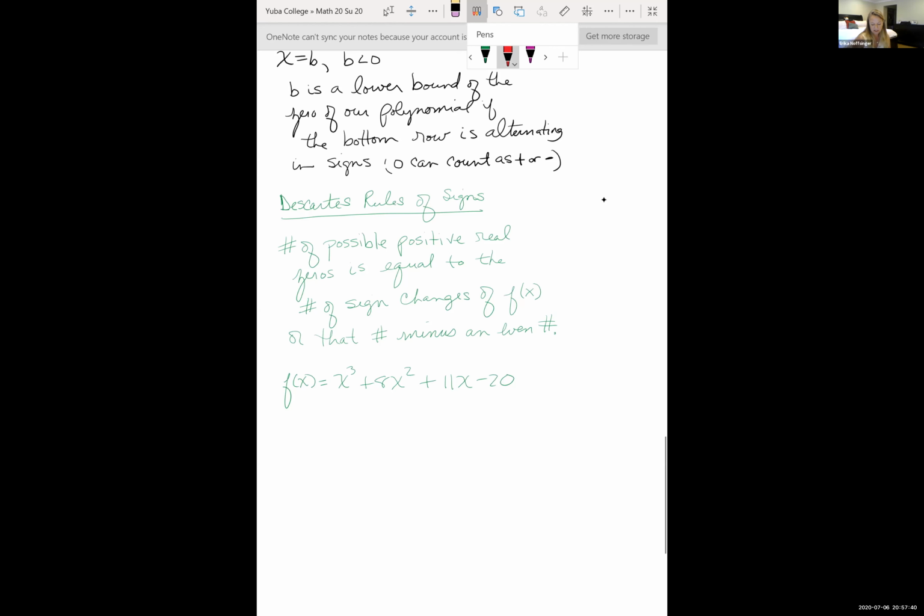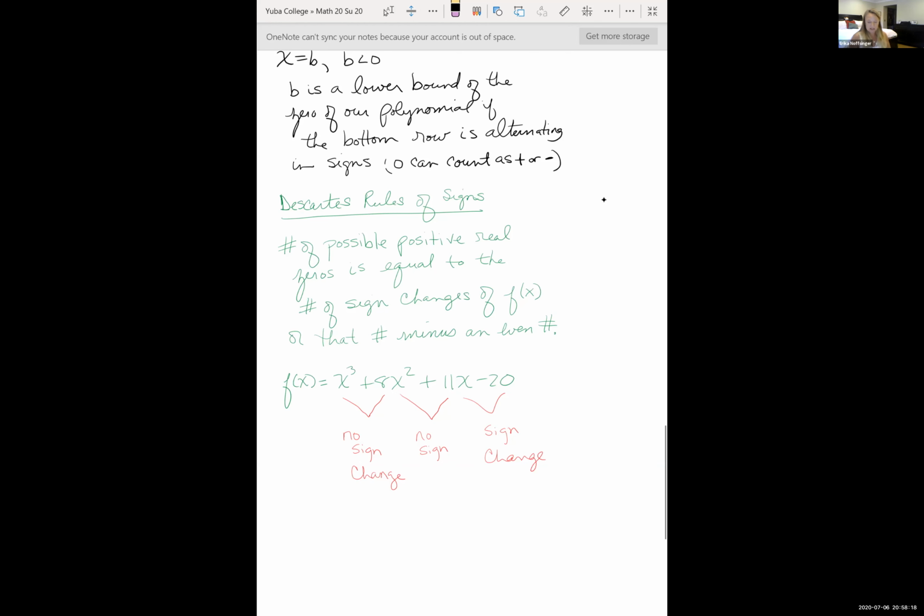Going from x cubed to a positive 8x squared, there is no sign change. From 8x squared to 11x, no sign change. But from 11x to negative 20, this is a sign change. So if I count how many sign changes there are in my polynomial, there's only one.